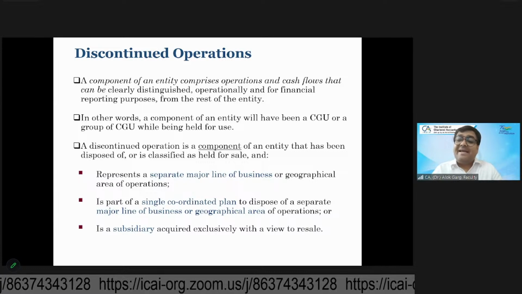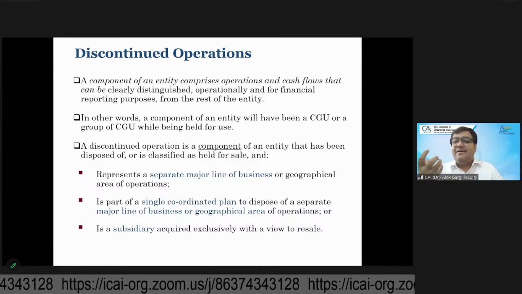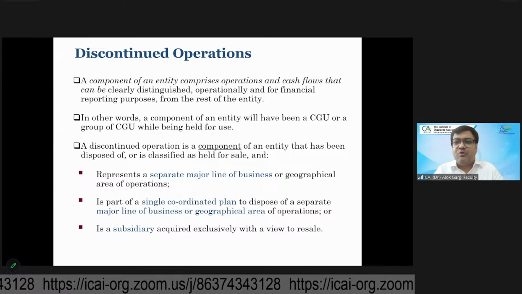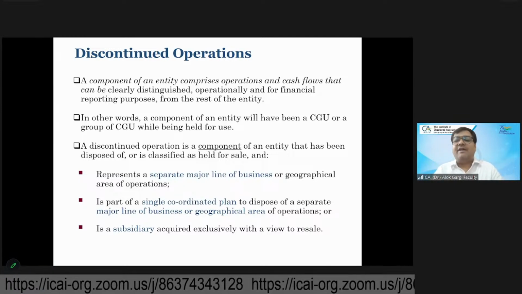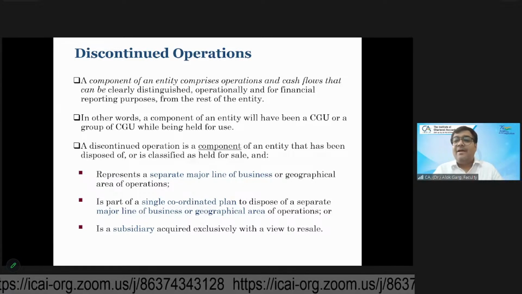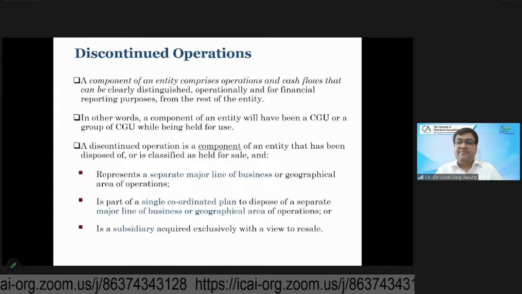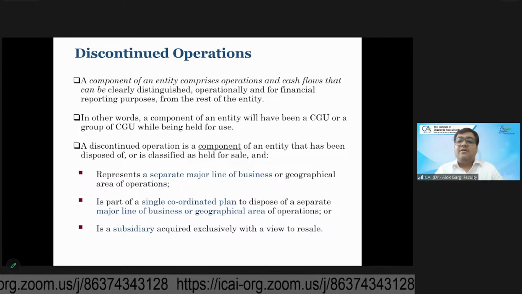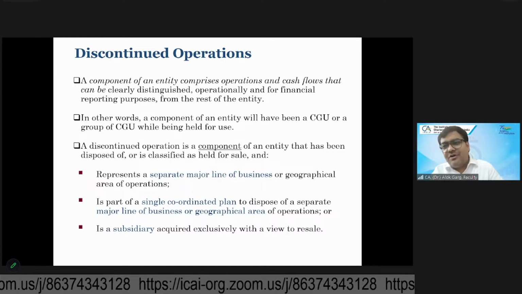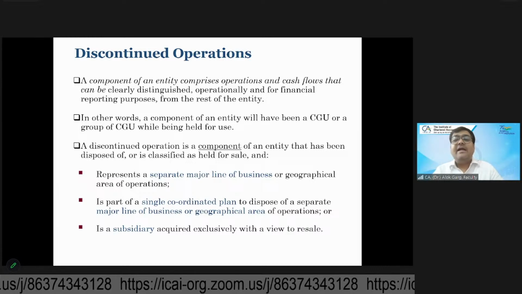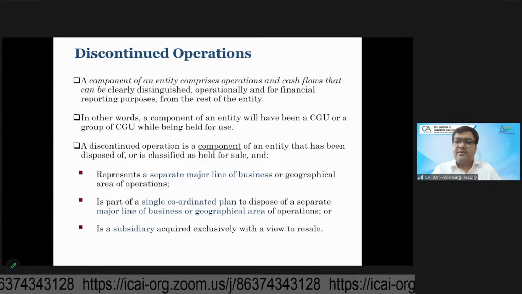So when I've decided to sell my group of assets in Delhi, the accounting will happen as a disposal group held for sale, and separate and additional disclosure requirements will be there, which say that the result of the discontinued operation has to be shown separately in the P&L. The earnings per share of continued operation and discontinued operation has to be shown separately, and the total operation has to be shown separately. Correct?